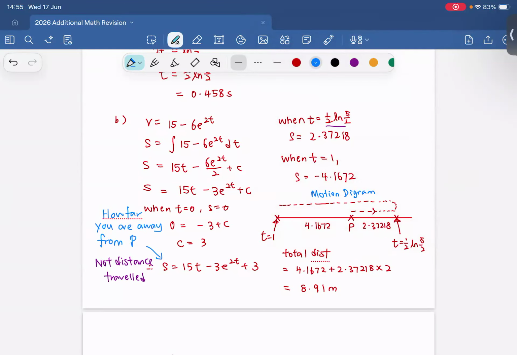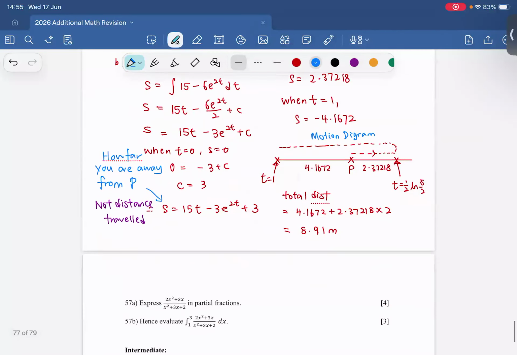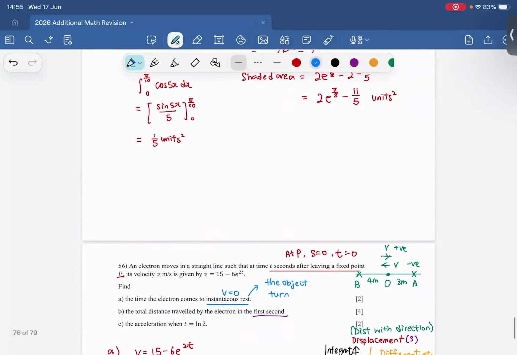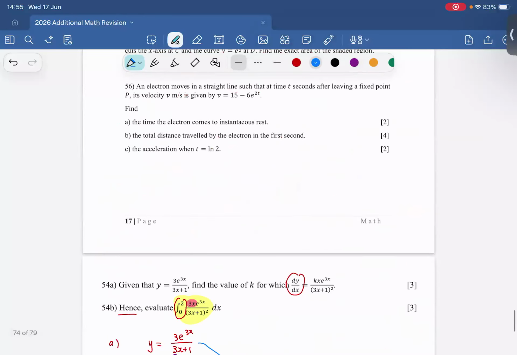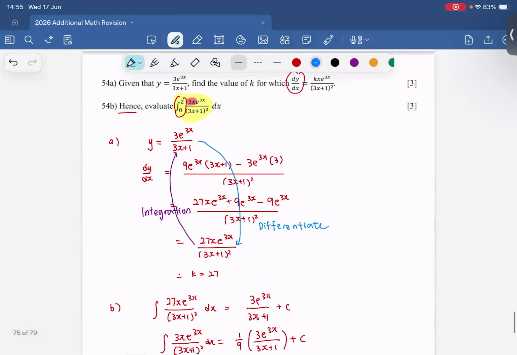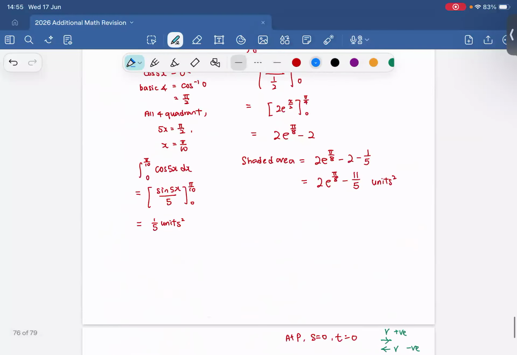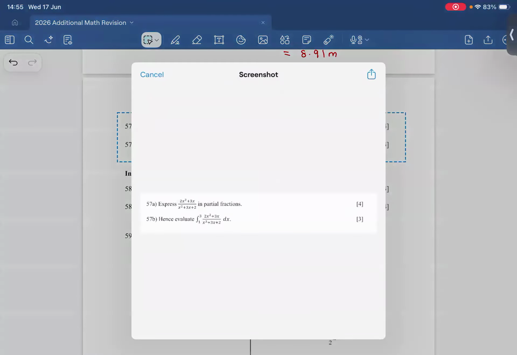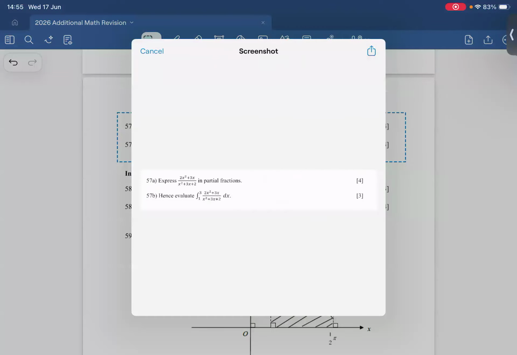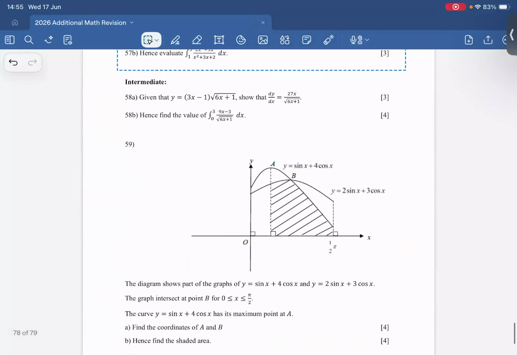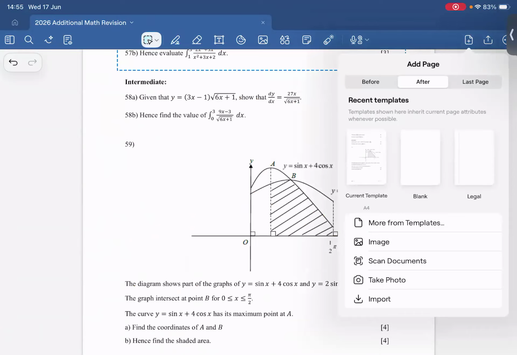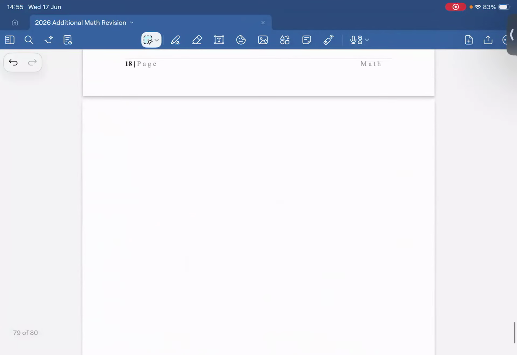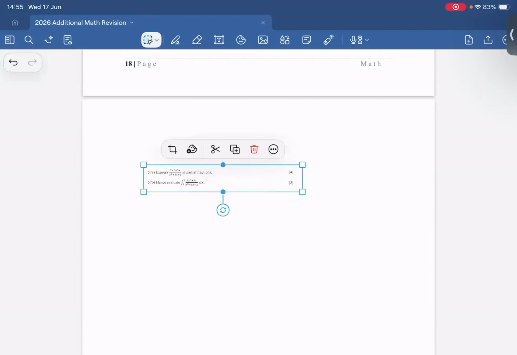Okay, next. One of your integration techniques also uses partial fractions.